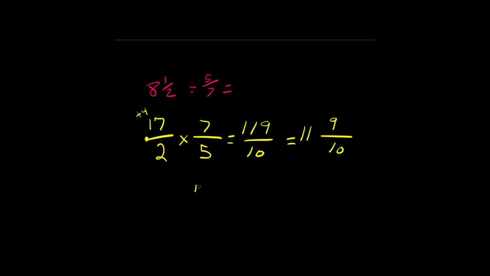If you were unable to do that in your head, we can make our little problem here. 10 goes into 11 once. And then 10 can go into 19 once, so our remainder is 9. So there we go, 11, remainder 9. Denominator is the same.